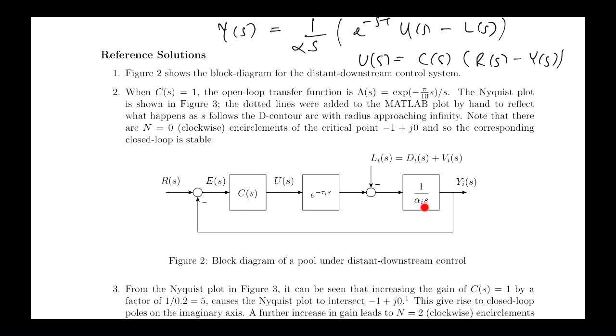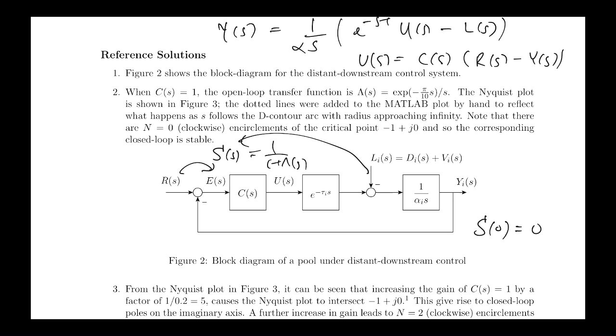So that integrator in the plant ensures that the sensitivity function at 0 will be equal to 0, right? And the mapping from here to here is via the sensitivity function, which is 1 on 1 plus lambda s. Whereas the transfer function from here to the error is not just the sensitivity function.